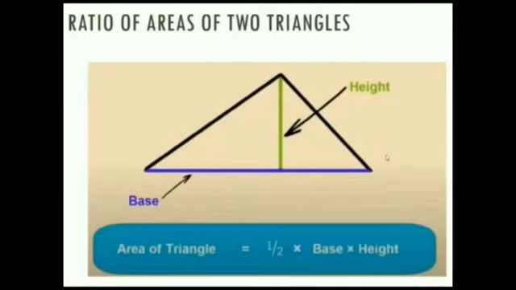Now students, you all know the formula for area of a triangle. Yes, area of a triangle is equal to half into base into height. Now using this formula, we learn some properties of ratios of areas of two triangles.